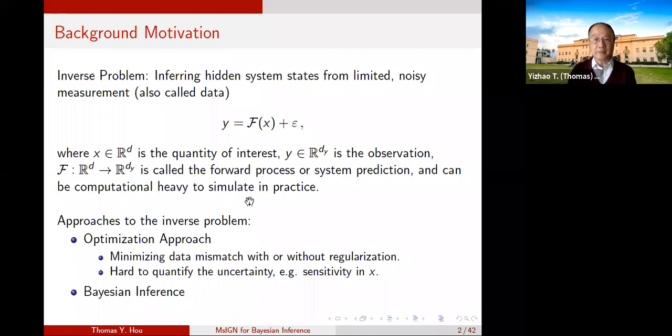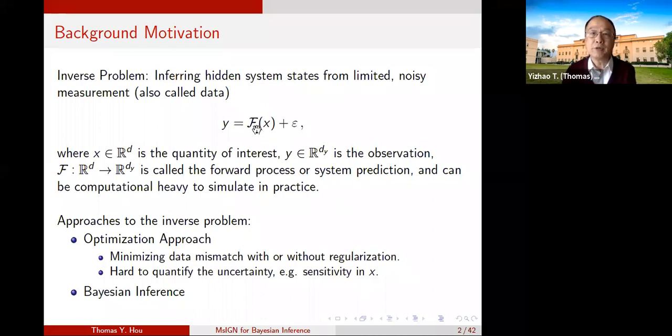So there are several approaches to solve this problem. Typically, people use optimization to try to minimize the data mismatch between the observation and the physical system, right? Sometimes you use regularization, or sometimes you don't need to use regularization, right?